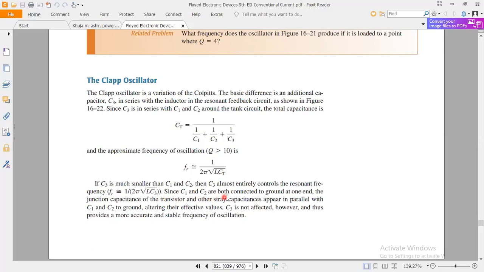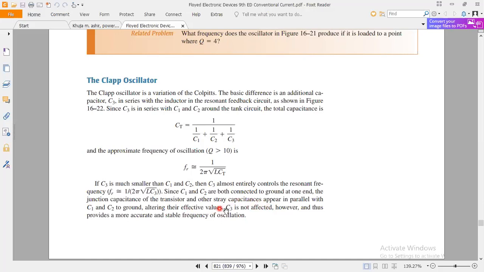Since C1 and C2 are both connected to ground at one end, the junction capacitance of the transistor and other stray capacitances act as noise, and we do not want to insert them in our amplifier and oscillator; we call these the stray capacitances.